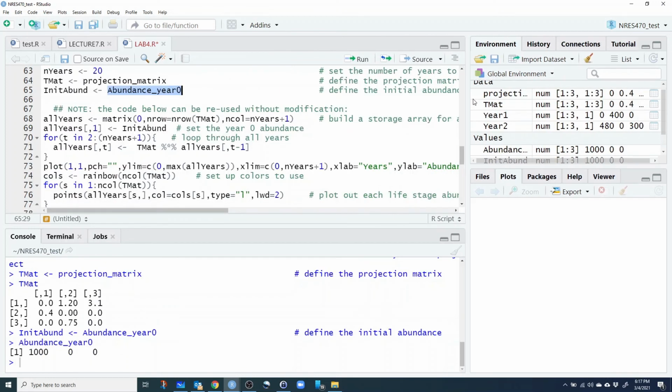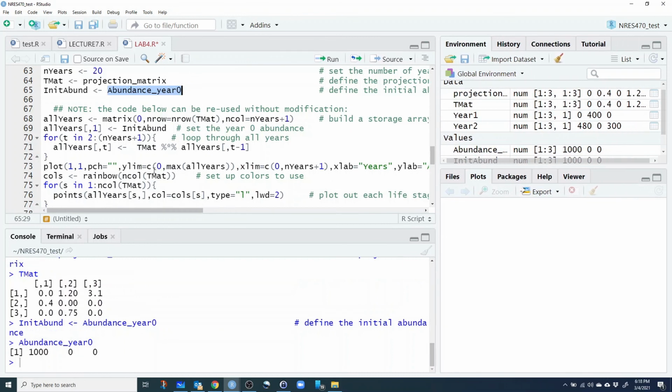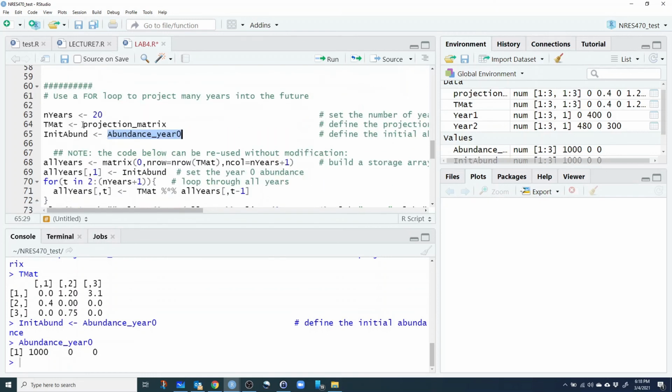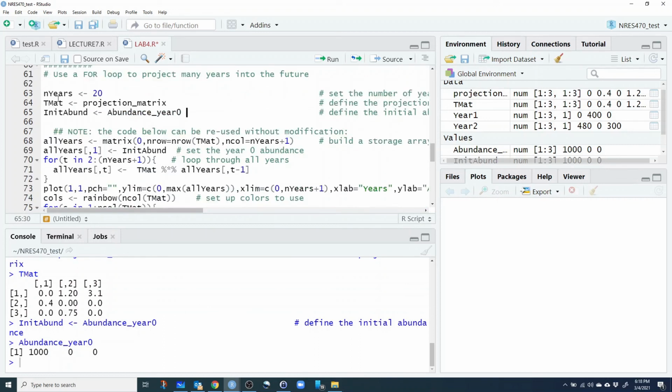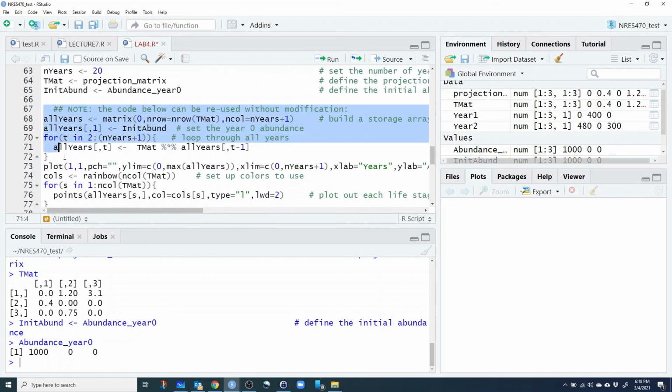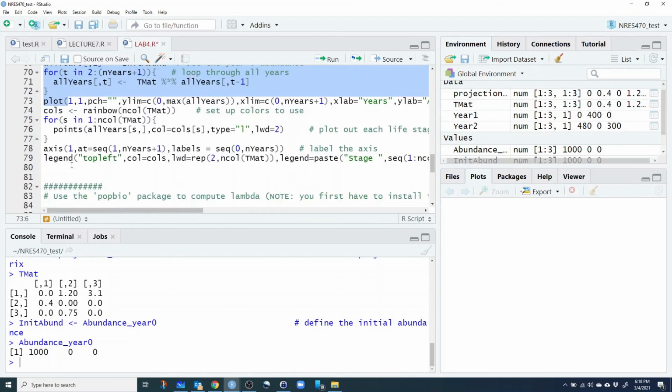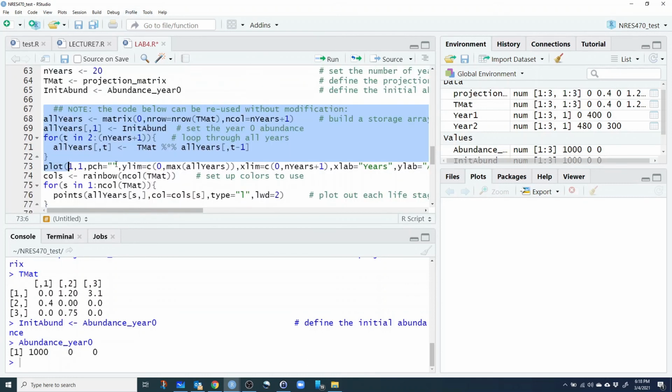And what I want to point out is that in Lab 4, you're asked to do some simulation using matrix multiplication in R, and if you define the projection matrix and the initial abundance vector properly, then you can reuse the rest of the code as is. You don't need to write your code from scratch. If you want to reuse my code, you're welcome to.